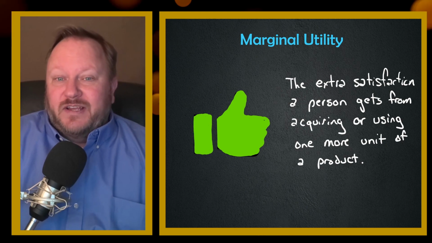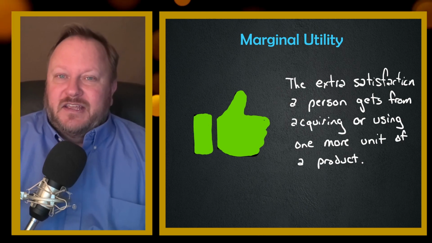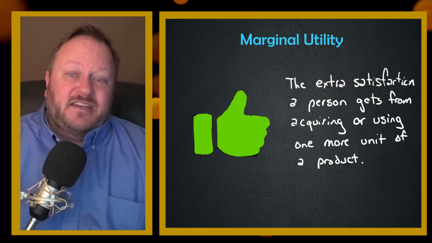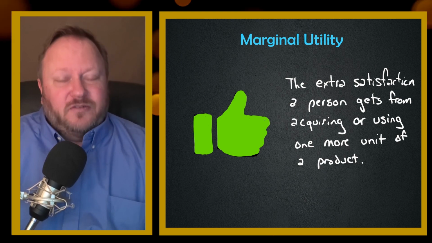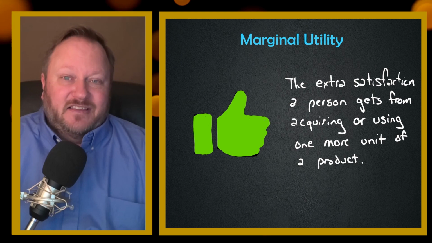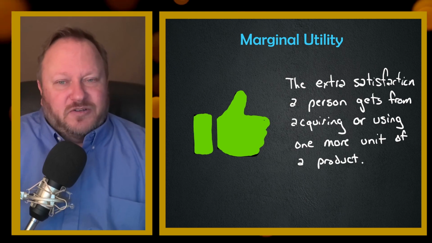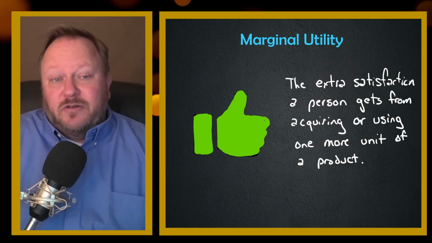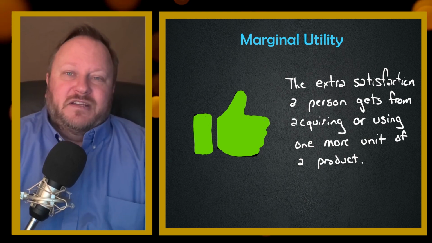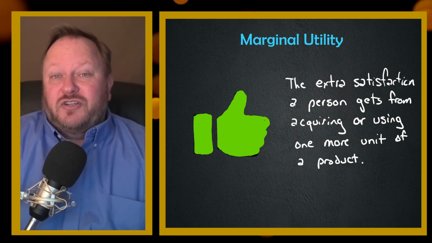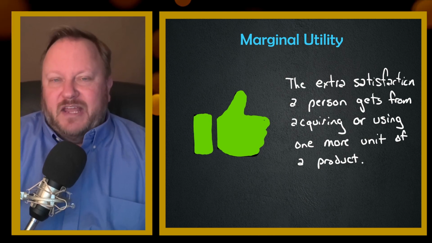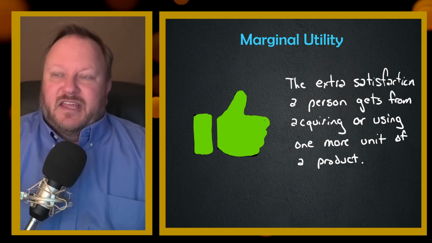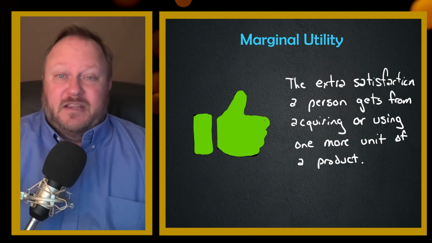So if I'm purchasing 1 t-shirt, the marginal utility would be the extra satisfaction that I get if I purchase another t-shirt that is exactly the same. That's the measure of marginal utility, and that's also a very important component of demand. How much is this person seeing benefit from purchasing more than they would have if the price had been higher?